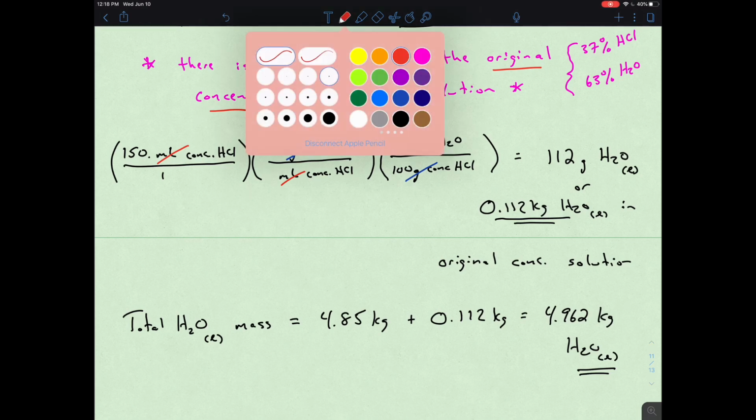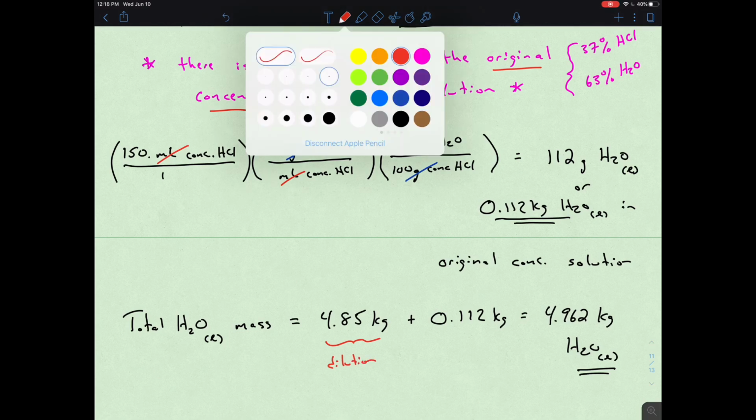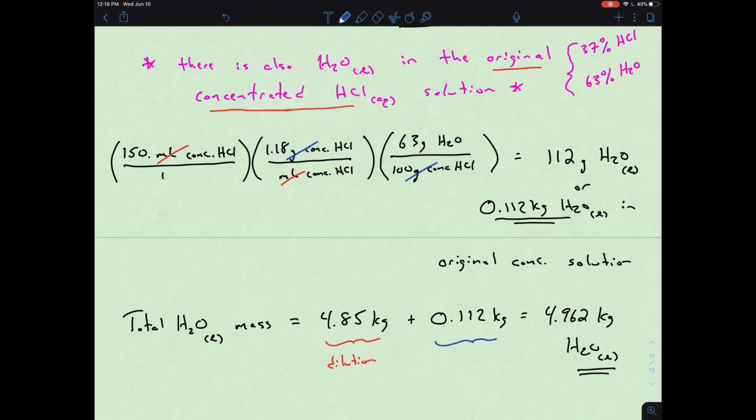So we got this 4.85 from the dilution. The 0.112 was in the original concentrated solution, and so now we have our total of 4.962 kilograms.